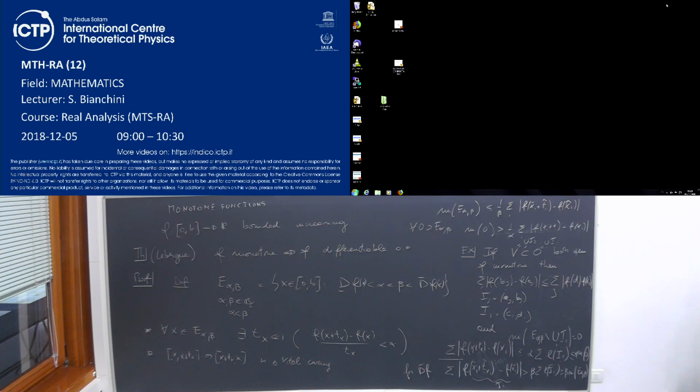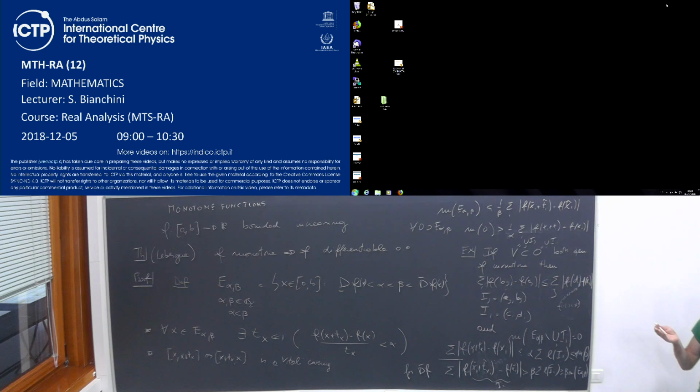Well, it's almost elementary, no? Because if you take any partition inside an interval and the function is monotone, the sum of the increments is less than the increment over the larger interval.